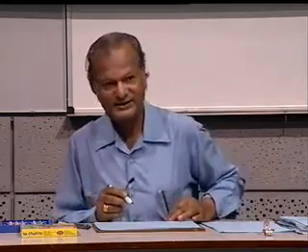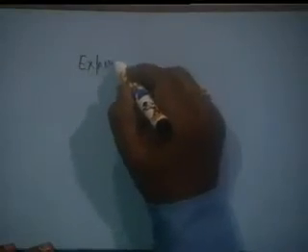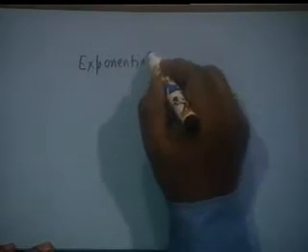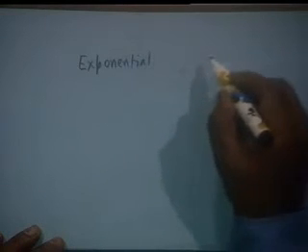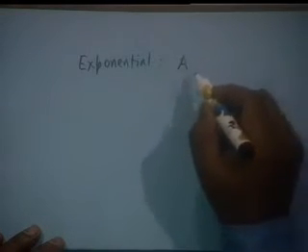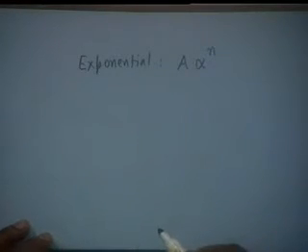Now, one sequence that is very often used is the so called exponential sequence. An exponential sequence is of the form some constant a alpha raised to the power n.